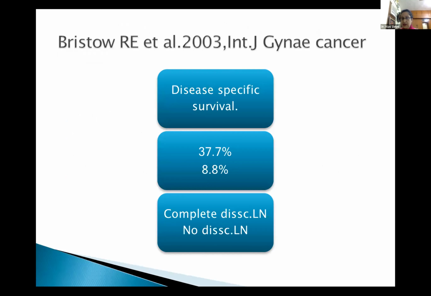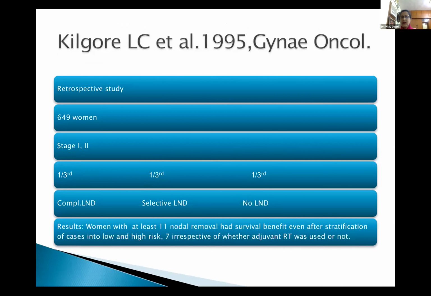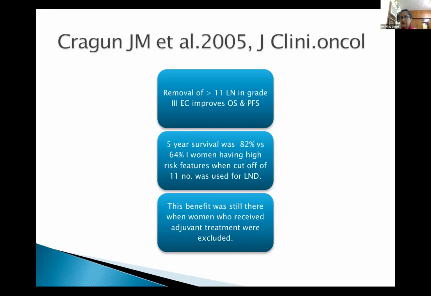Similarly, in 2003, without complete lymph node dissection, the disease-specific survival goes down to 8.8% compared to 37.7%, where you note the complete status of the disease which has gone outside the uterus. A similar retrospective study, I'm quoting these studies, and eventually another retrospective study, highlights the removal of more than 11 lymph nodes. So that also decides a lot on the overall prognosis of the patient.